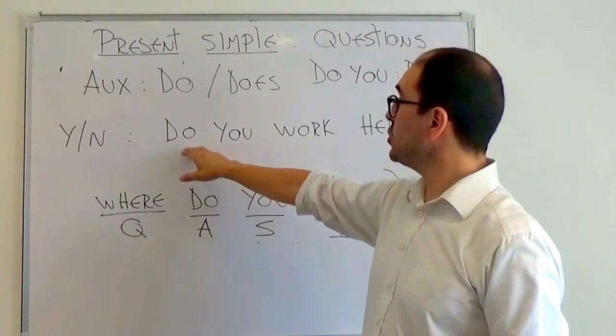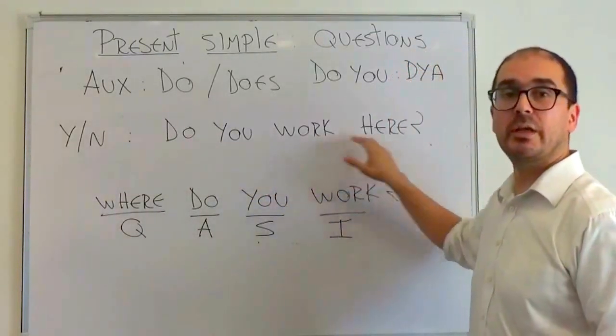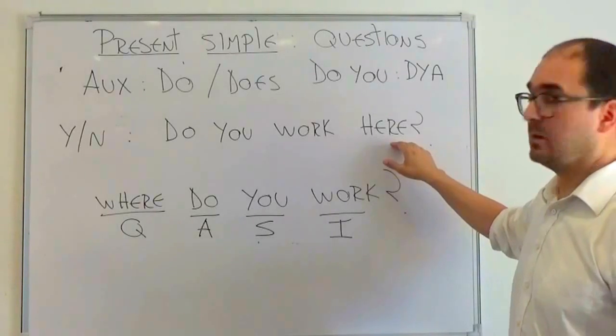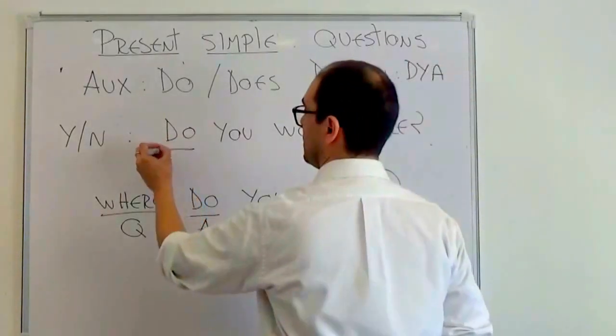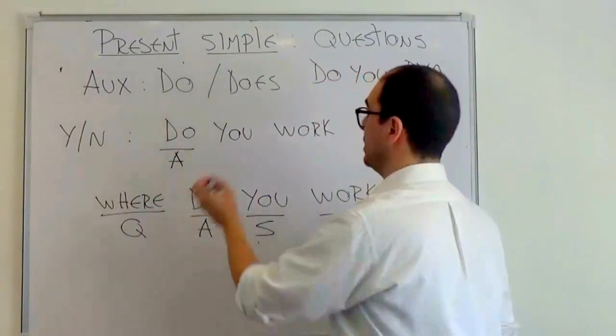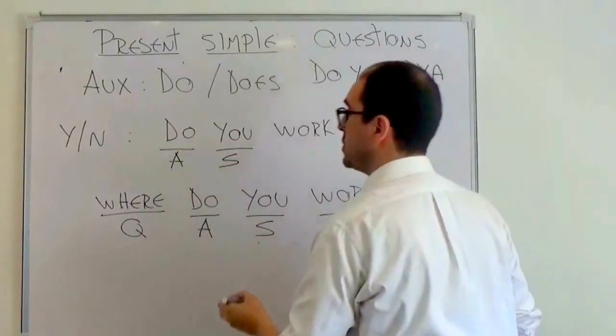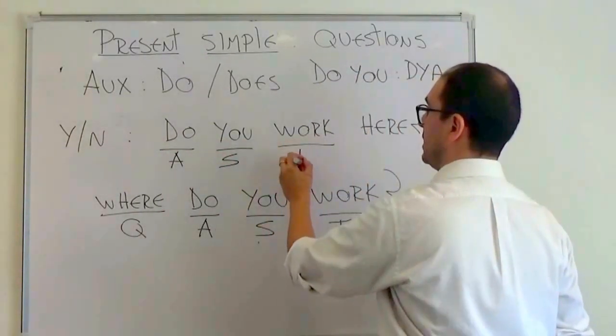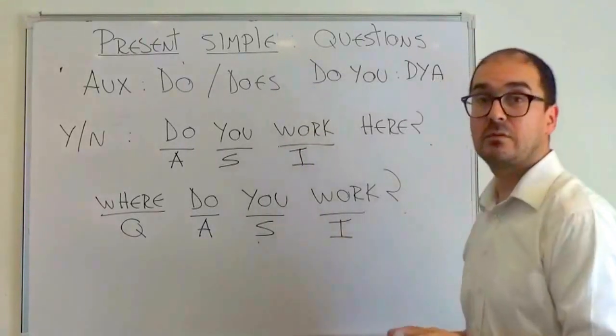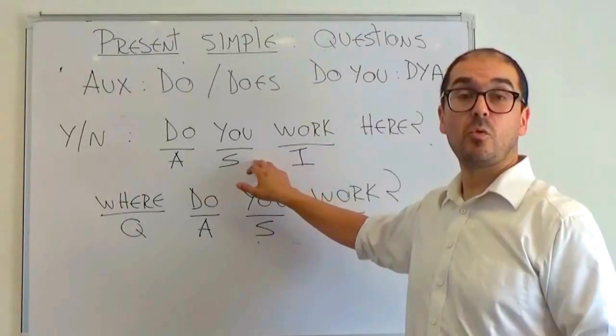For example, do you work here? Okay? Do is our auxiliary, you is the subject, work is the infinitive. So this is a yes or no question.